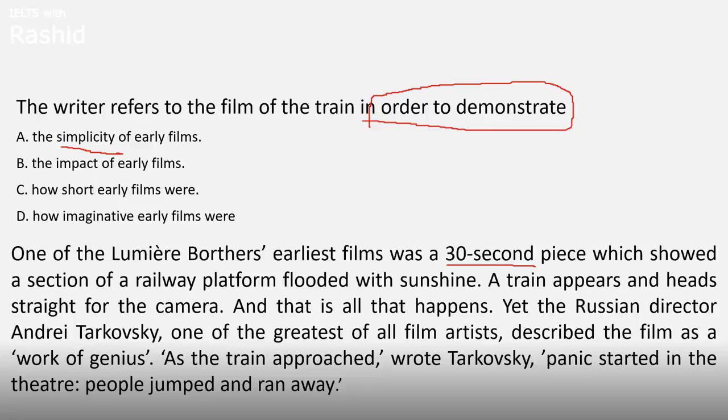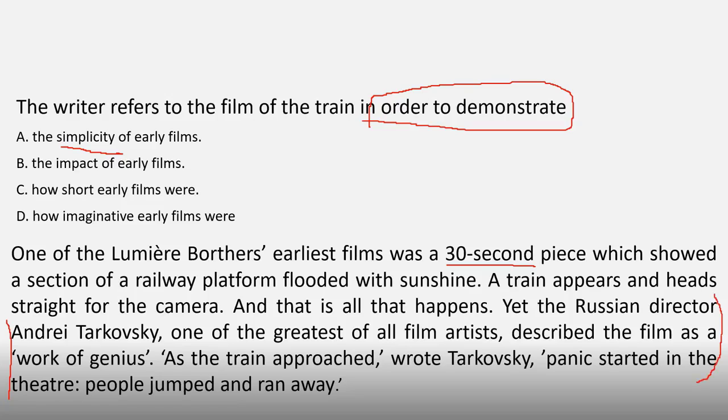Look at this question. It says that the writer refers to this film to demonstrate. If you read the passage, you will see that these both are not the reasons why the writer refers to the films of the train. Let's see. Read the next half of the paragraph and you'll see that the writer quotes the other writer explaining the reaction of the audience, which was huge.